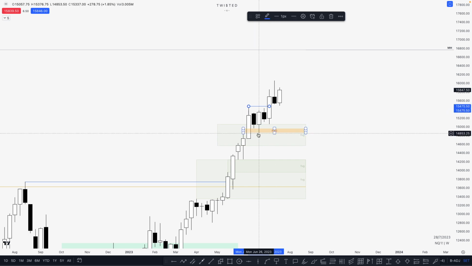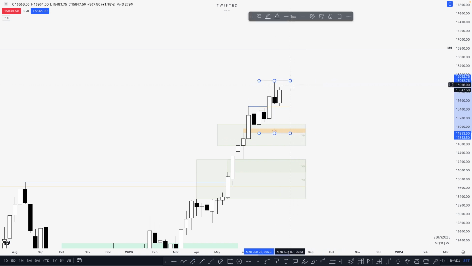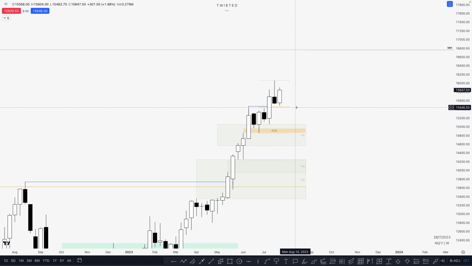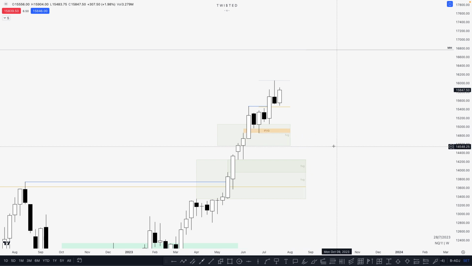So we do see this low as something to be respected, and this is the low that took out this high. So we can mark out the swings from here to here. That will be our first swing that we will be looking at on an intraday basis, based off of the weekly analysis, and also based off of the higher time frame zones.